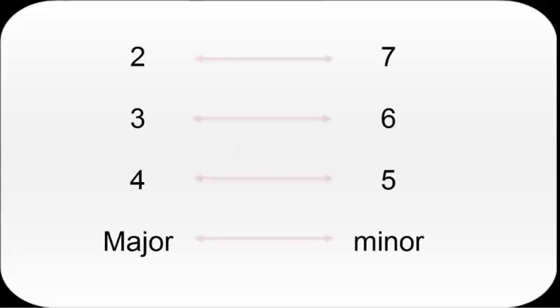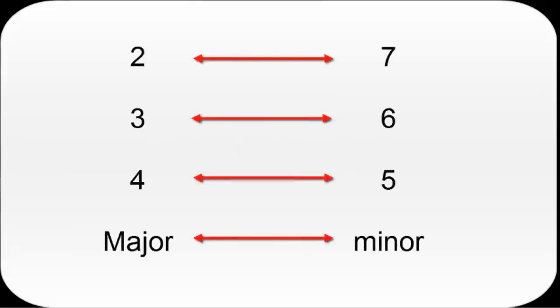In fact, every interval has a kind of partner. All major intervals will become minor, 3rds will become 6ths, 2nds will become 7ths, 4ths will become 5ths, and vice versa.